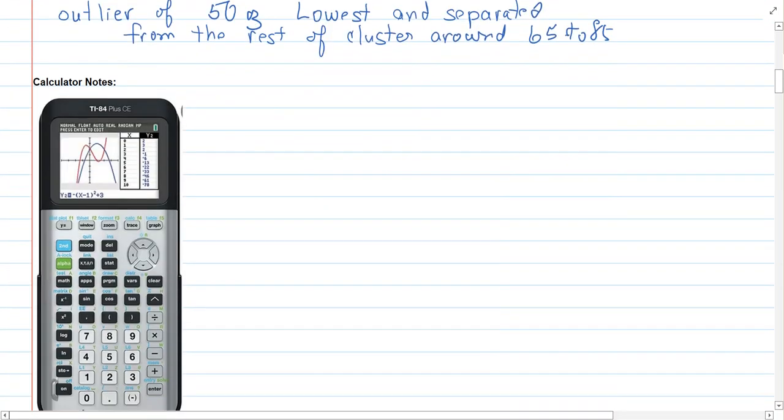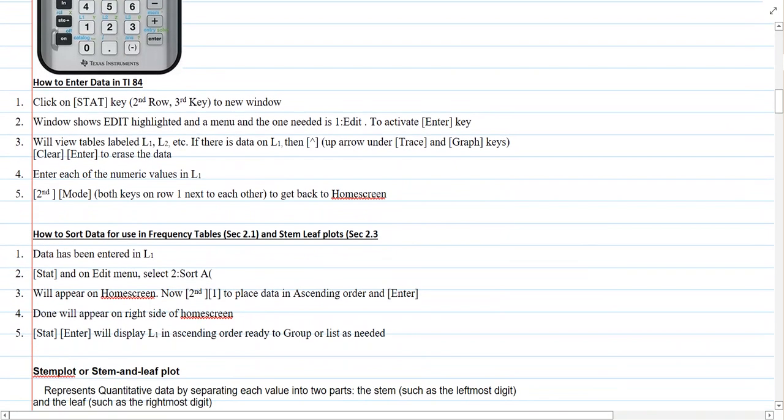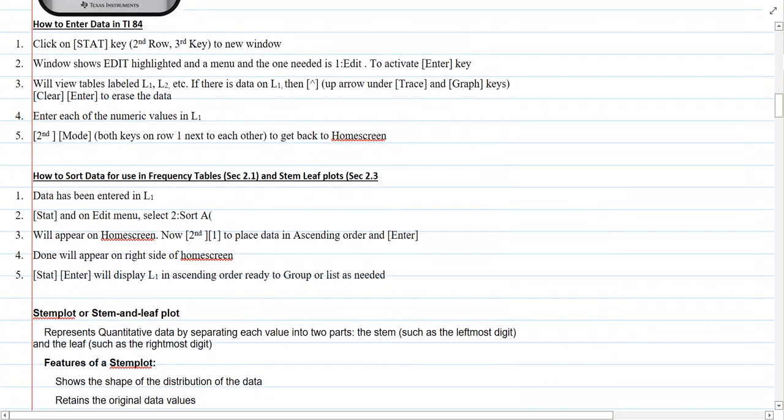All right. So here are our calculator notes. What we're going to do is learn again how to enter data. We covered this in a previous lecture, but I always like to mention it just to make sure everybody's on the same page. So we're going to press the stat key, second row, third key, to a new window.